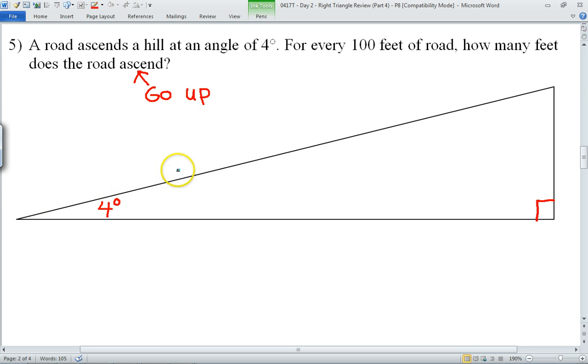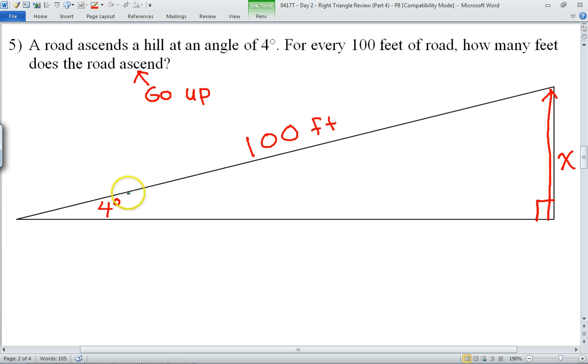Okay, so for every 100 feet of road, let's examine this stretch of road that is 100 feet. We want to know how many feet the road ascends, how many feet it goes up. That means we are looking for x right here. We are looking for this length right here. Okay, because that's how high it goes up.